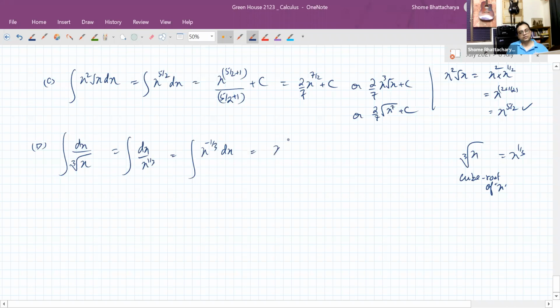Then apply the formula. This will become 3 by 2 x to the power 2 by 3 plus c. Or you can also express this as 3 by 2 into cube root of x square plus c.